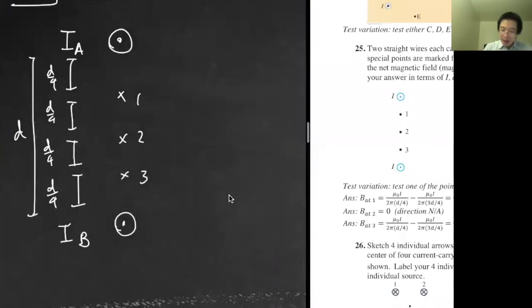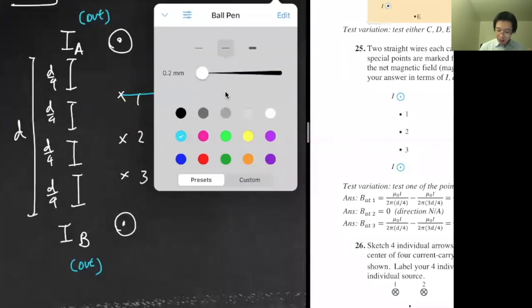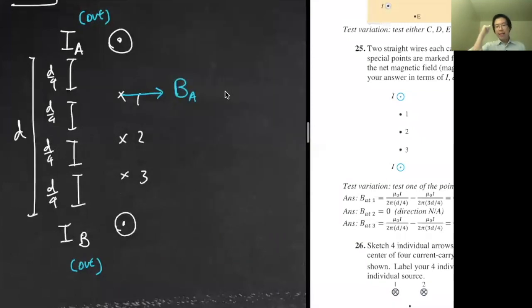Dot means coming out of the page. Due to wire A, it's going to produce a field going this way. Due to wire B, use your right hand again, at point number 1 it's going to produce a field going this way. Now, which arrow should be longer? Should arrow A be longer or B be longer?